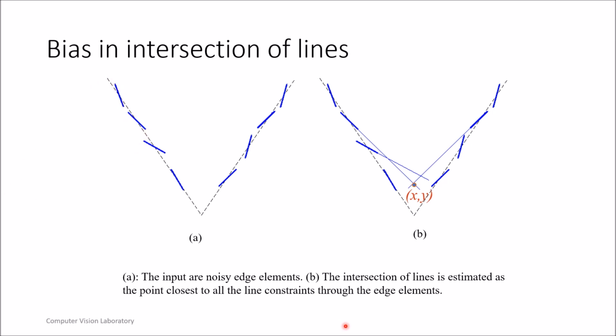Now, if we want to compute the intersection of the long lines, we intersect all these noisy edges, and the correct solution for an acute angle will not be at the correct intersection of the long lines, but somewhere inside the acute angle.